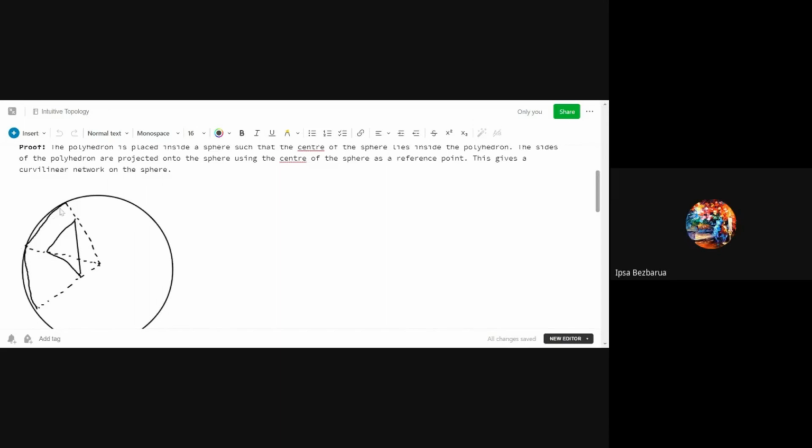So you can assume that this is a curved space and this is getting projected onto the surface of the sphere. Then this line gets projected onto the surface of the sphere. And this line will also get projected, but because it'll look kind of bad, I didn't draw it over here.